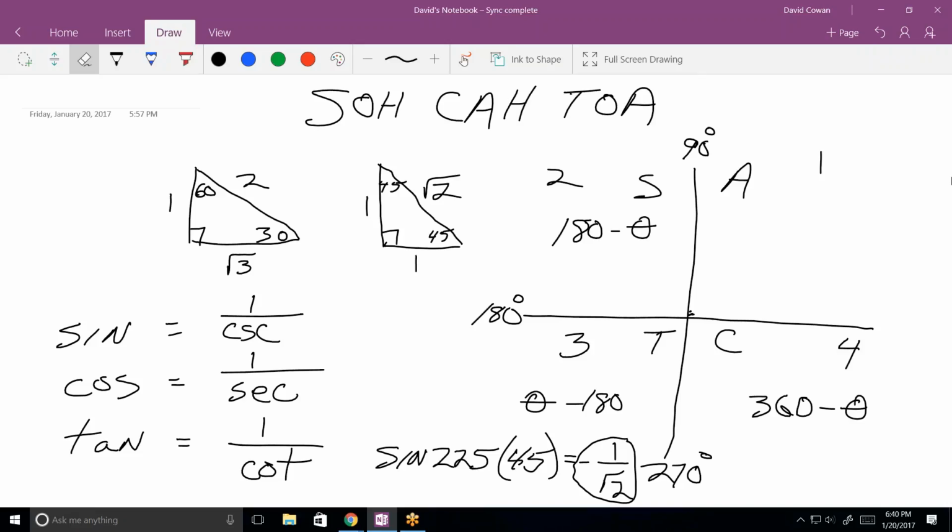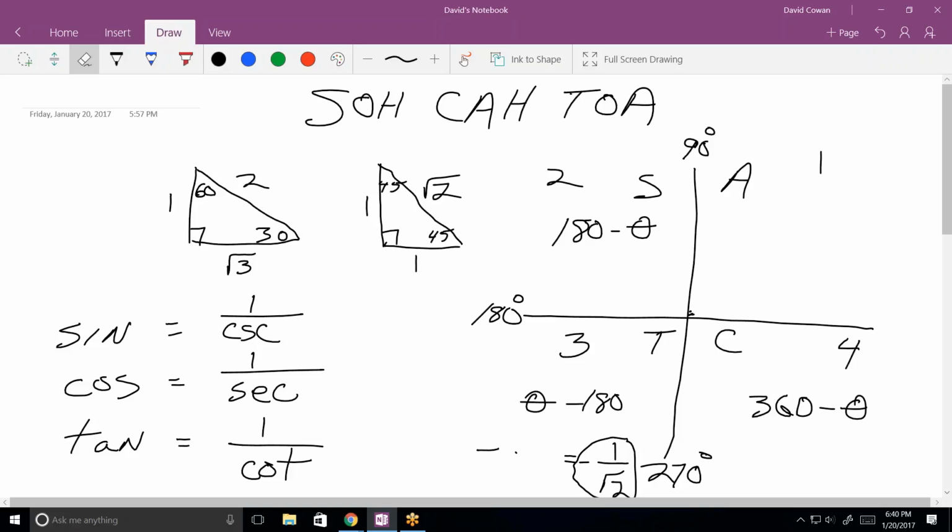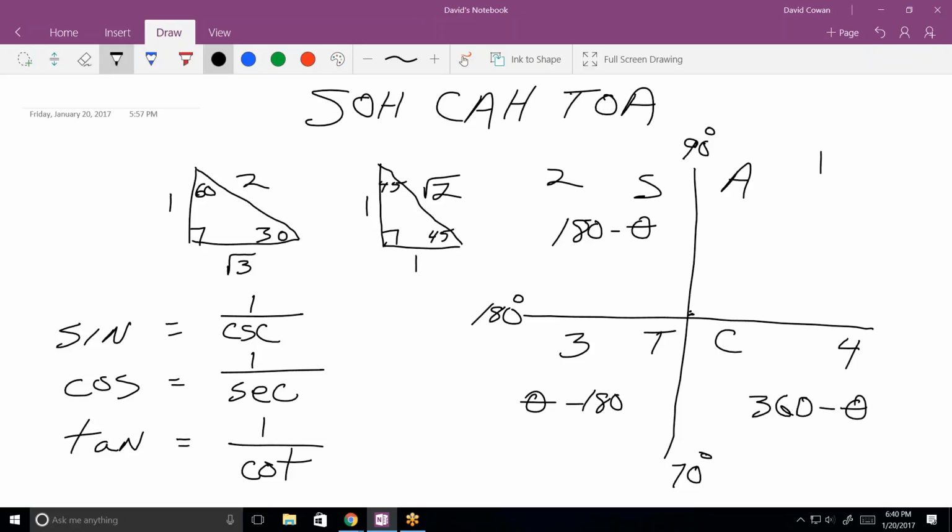But you can do 30, 45, 60, 120, 135, 150, 210, so forth and so on, based strictly on everything that you see on this page right now. You don't need any other information to do the unit circle.